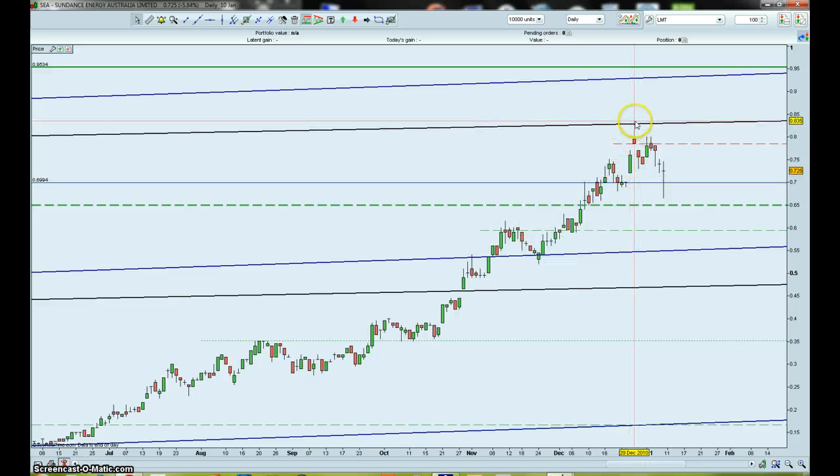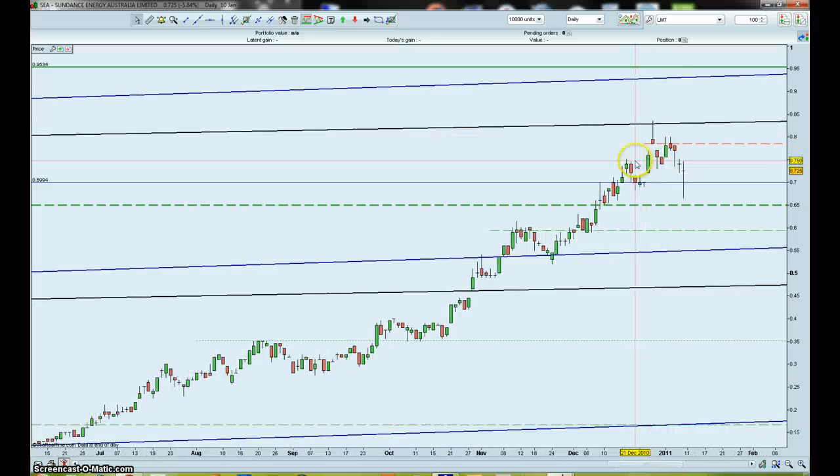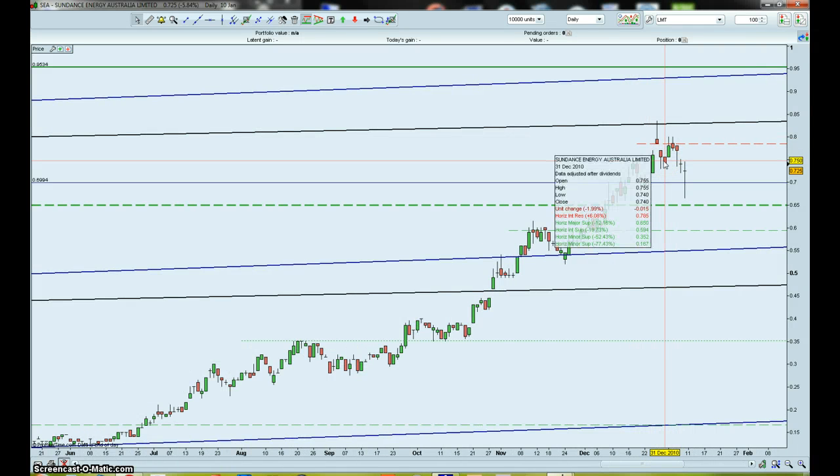Then we had this big move up here, and that was in response to Sundance Energy getting into bed with Halliburton and Macquarie with that JV. To me, from a fundamental point of view, that was a real game changer.